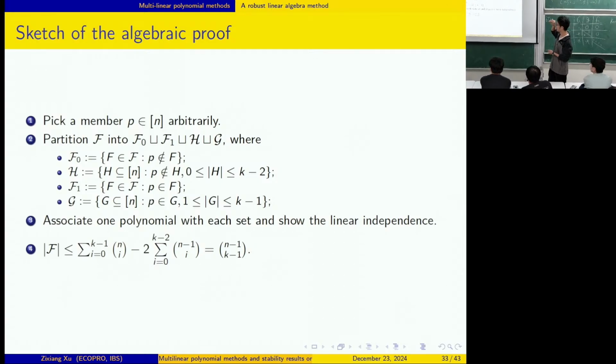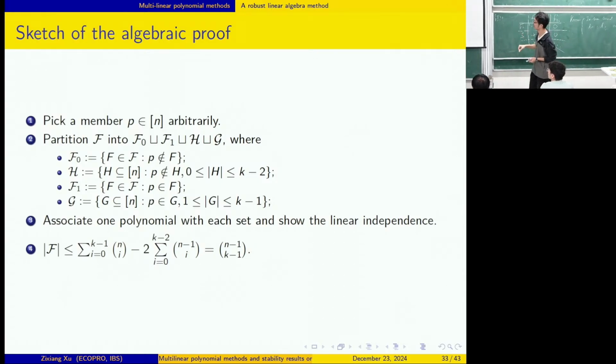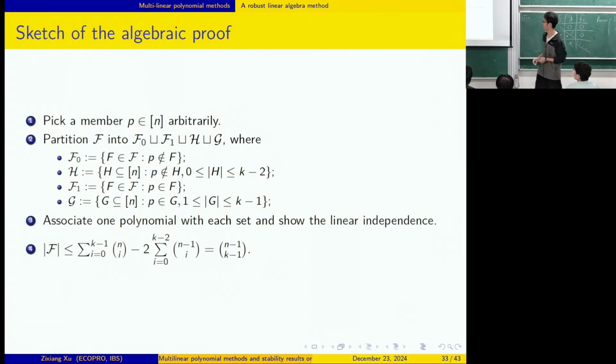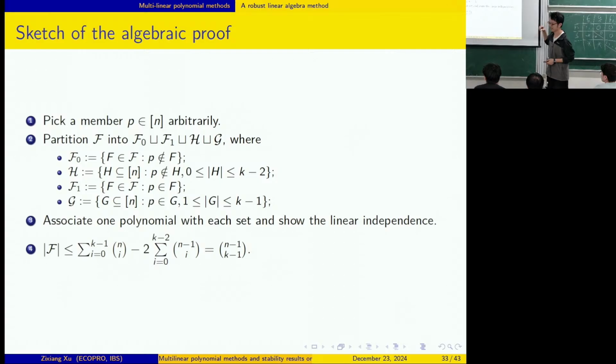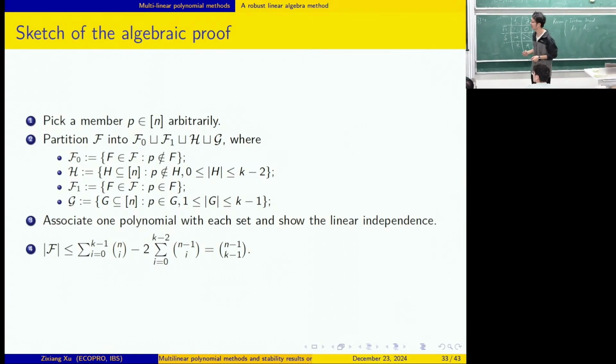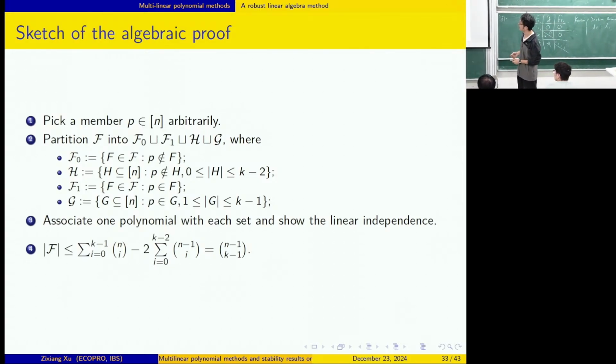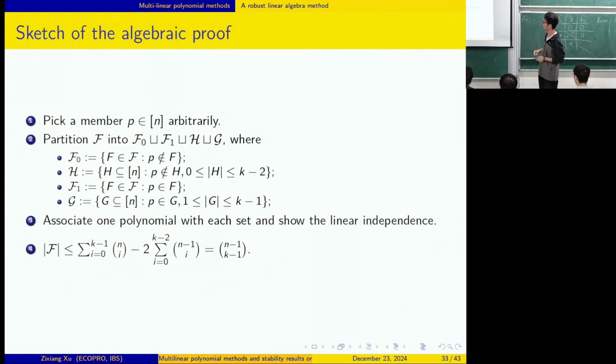Sorry, I did not write the form of the polynomials, you can imagine it. Once you prove they are linearly independent, then you can prove the EKR theorem this way. I think it's not common. Here we can pick a member P arbitrarily as its fixed element.